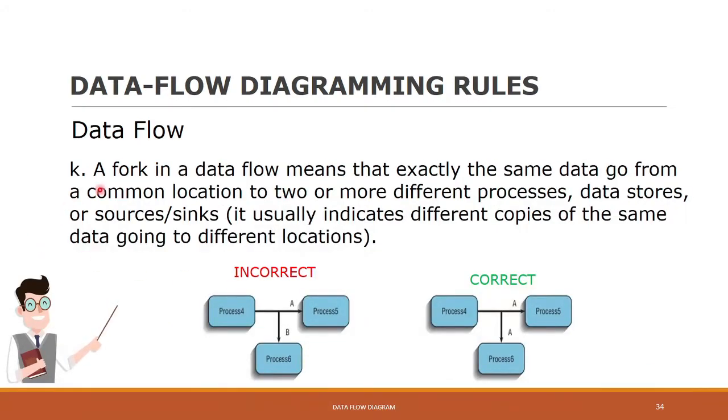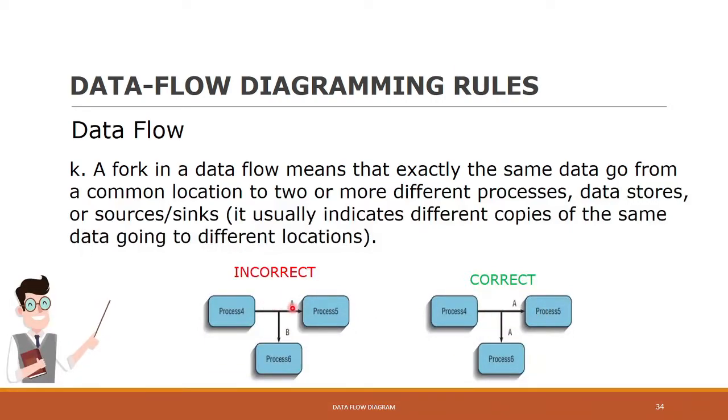Then letter K, a fork in a data flow means that exactly the same data go from a common location to two or more different processes, data stores, or sources or sinks. So here, as you can see, it has the same data flow name because it's the same data.